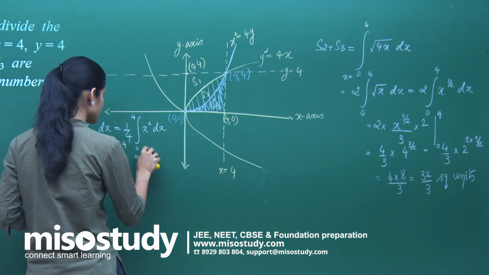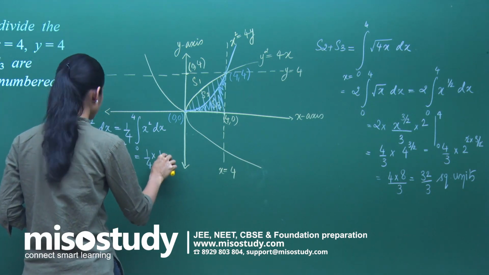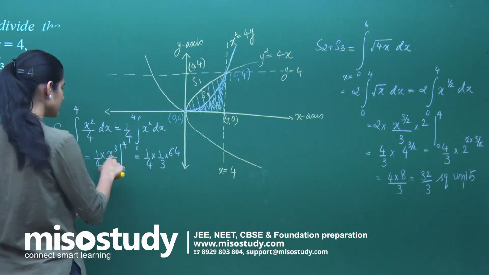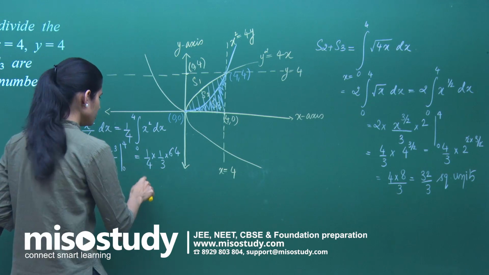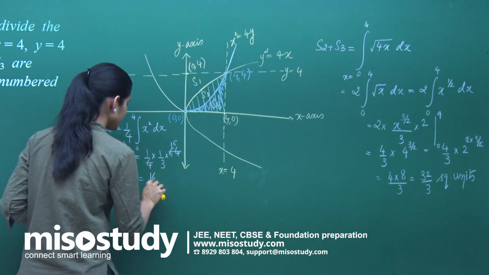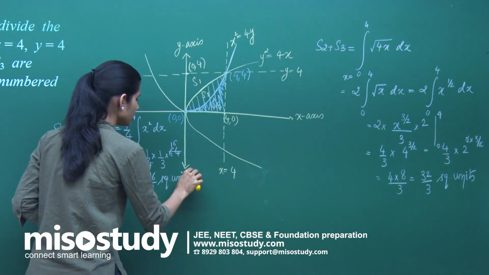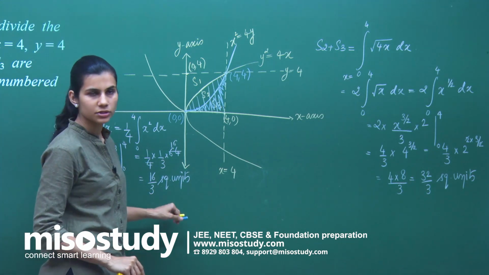So this gives you 1 by 4 into 1 by 3 into 64, since 4 cube is 64. So this gives you 16 by 3 square units. So you are getting that S3 is actually 16 by 3 square units.